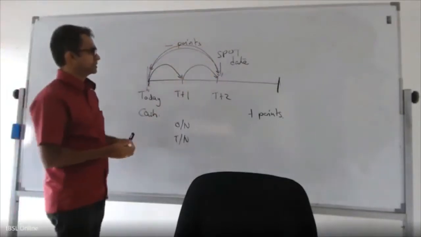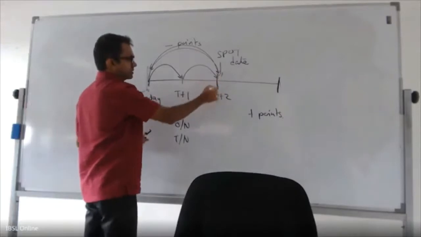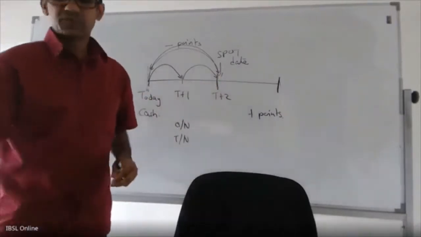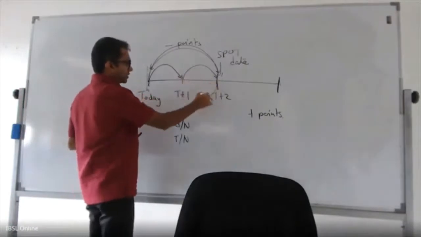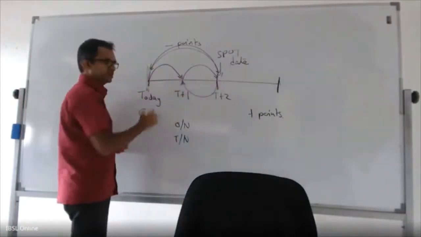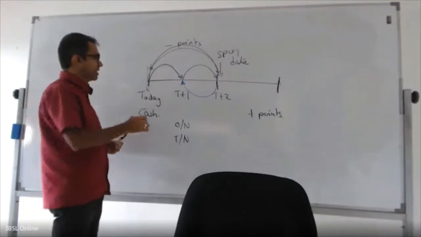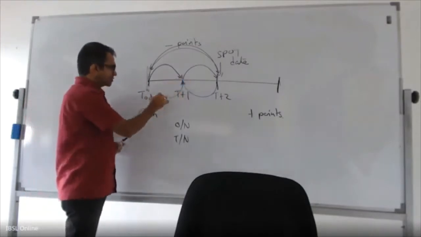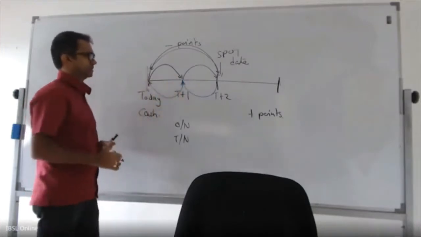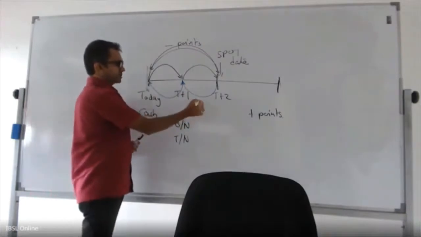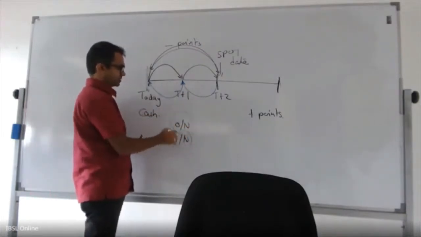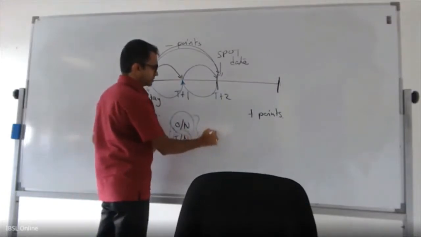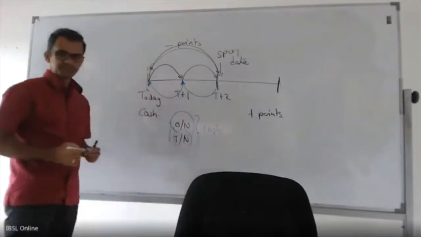Therefore, first we take the spot rate and use these swap points to calculate the term rate, and use that term rate to calculate the cash rate. That's why we add or subtract Tom next points and overnight points together to derive the cash rate.